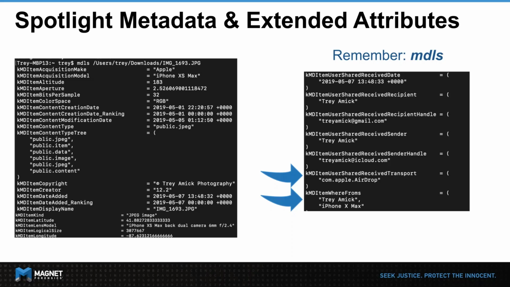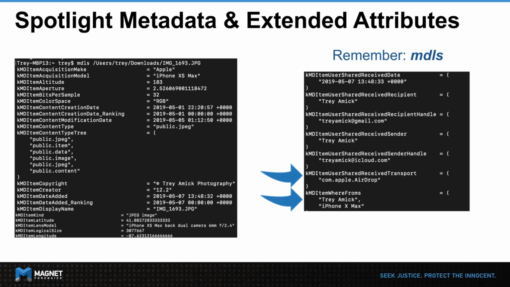Now on the right-hand side, I ran out of room, so you're also going to see things such as the received recipient. You're going to get the recipient handle, so now I've got an email. We also have the name, and we also have the handles for who shared it. So once again, great information to show how files moved onto the system.